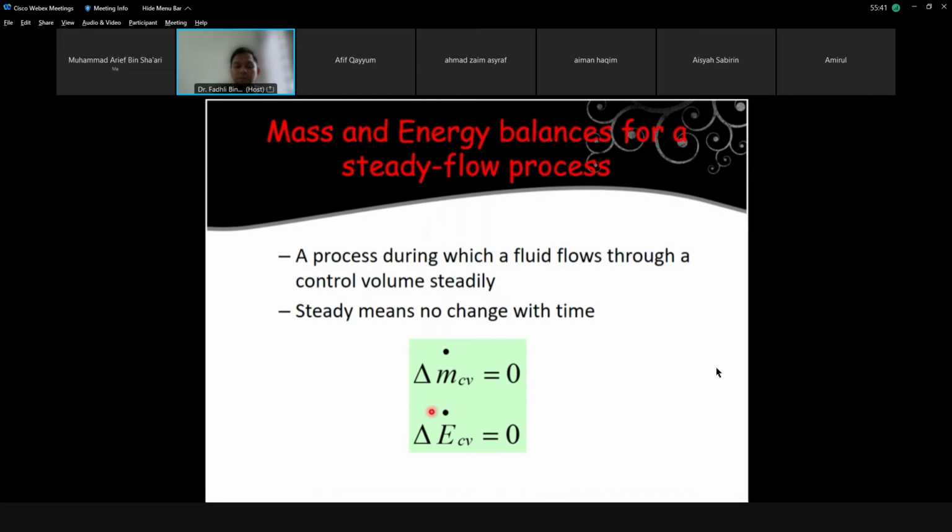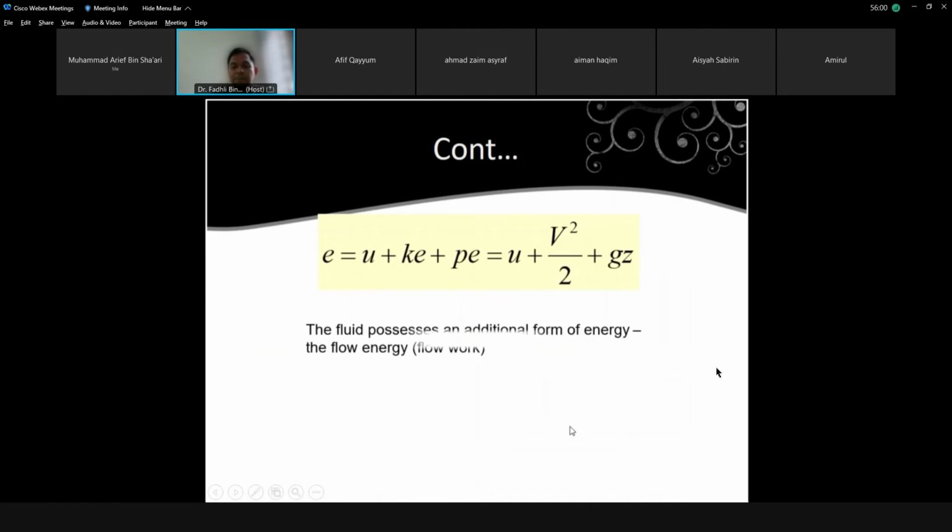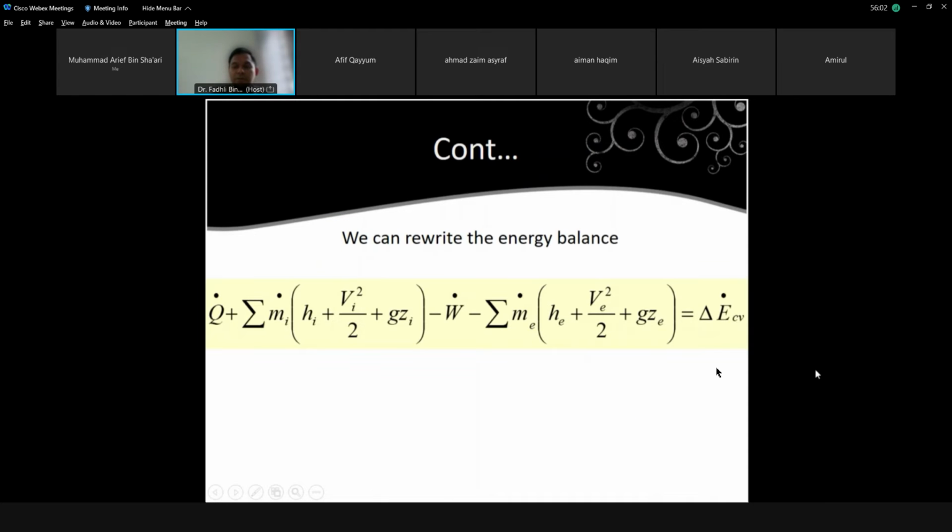This one is the change of total energy, the change of the rate of energy, delta E dot CV equal to 0. Yang inilah, mana tadi? This one.